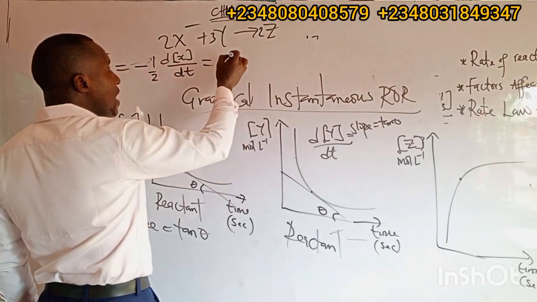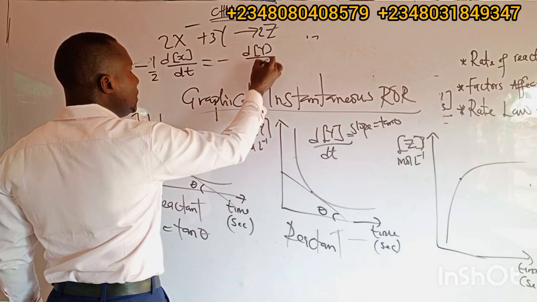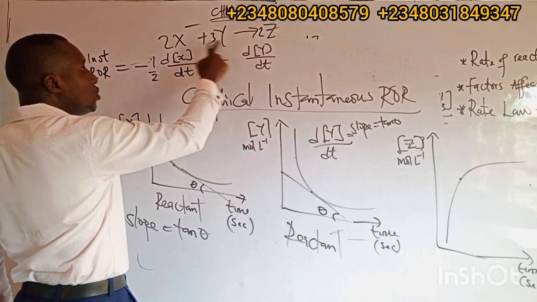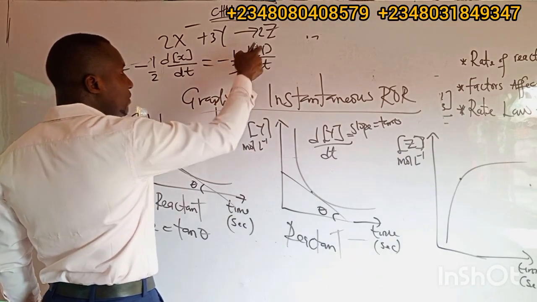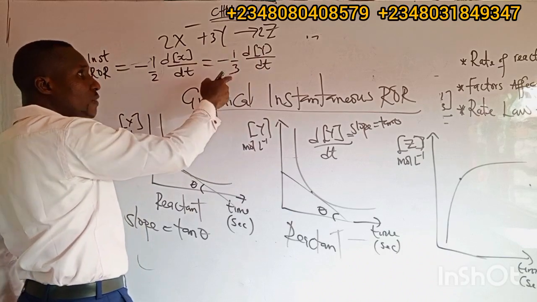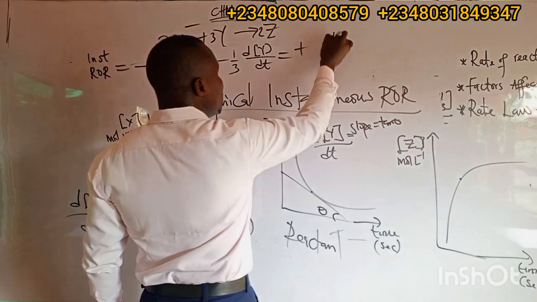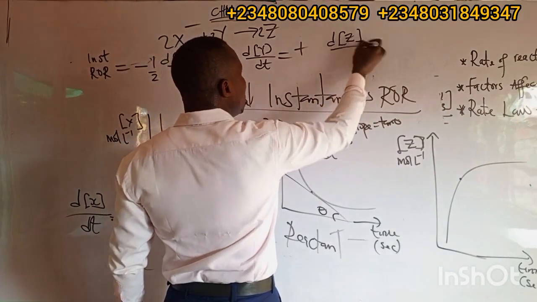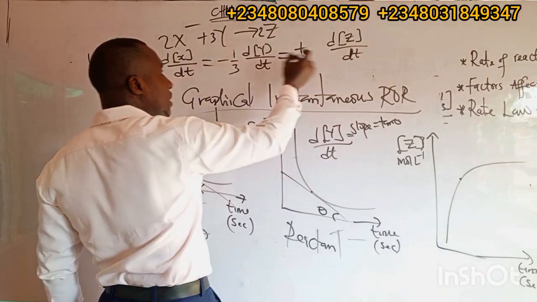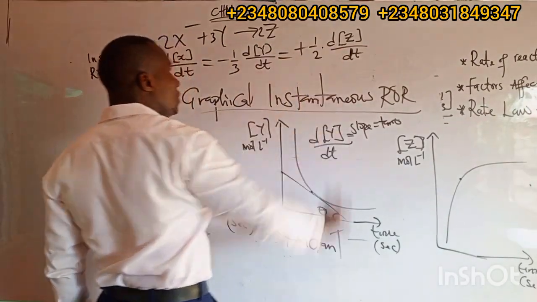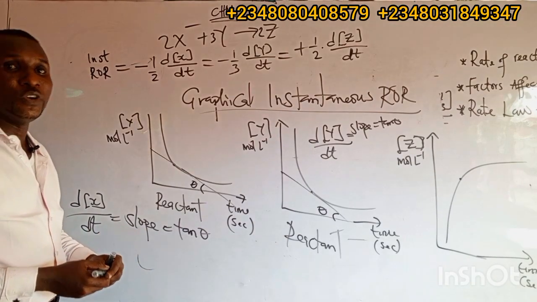For Y we have a negative sign, dy over dt, divided by the stoichiometric coefficient 3, so 1 over 3. Equal to, for Z, plus dz over dt, divided by its stoichiometric coefficient, 1 over 2. This is the expression for instantaneous rate of reaction.